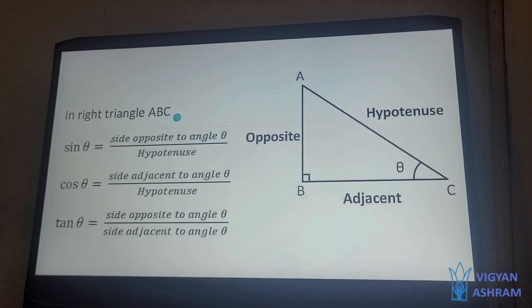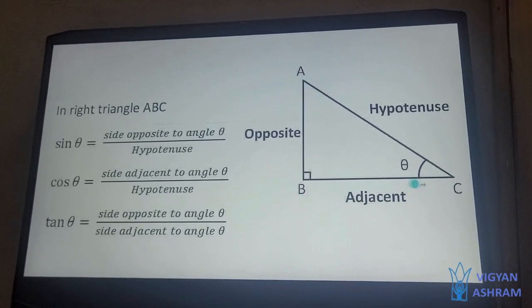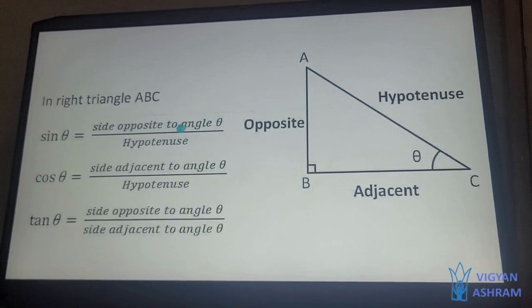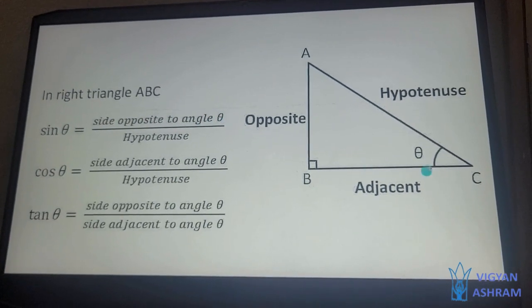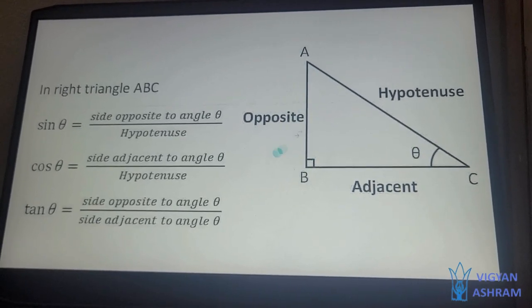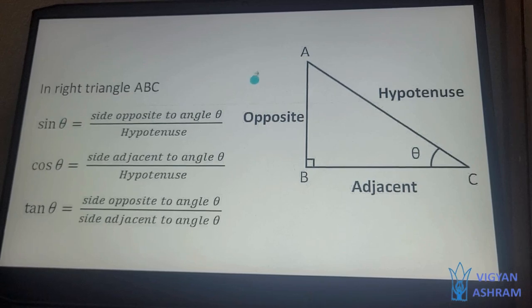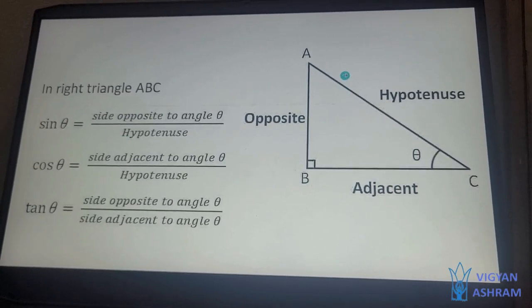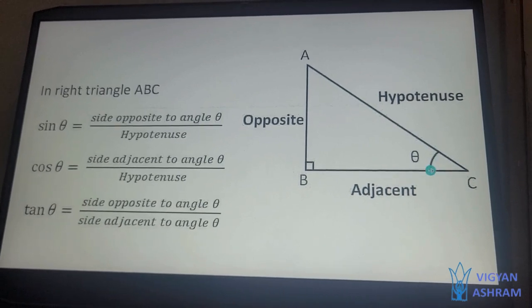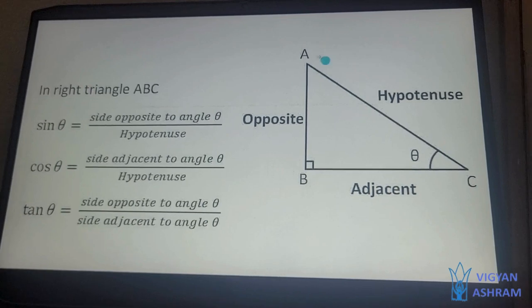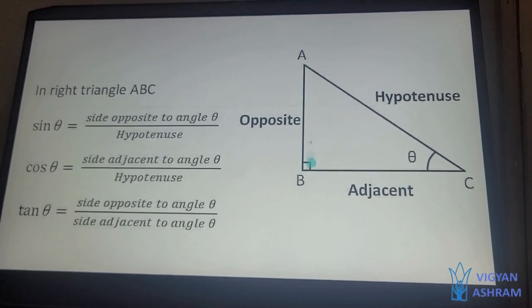In right angle triangle ABC, we have sin theta, which is equal to the side opposite to angle theta. So this is theta. We consider AB as the opposite, and then the hypotenuse, which is the line created at that particular angle.